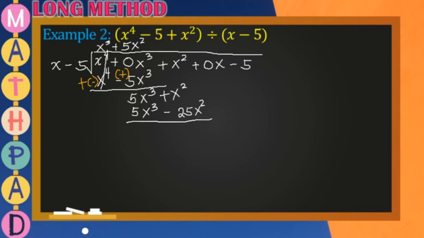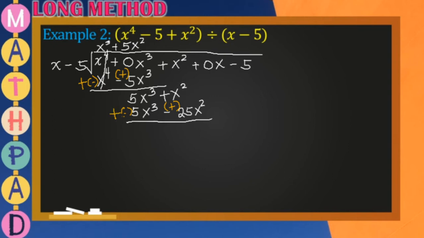Okay. 5 times negative 5 is negative 25, and then we copy x squared. So, again, change the sign of our subtrahend. So, yung 5 dito, this will be negative. Yan. And yung 25 dito, that will be positive. And then we add. Okay?